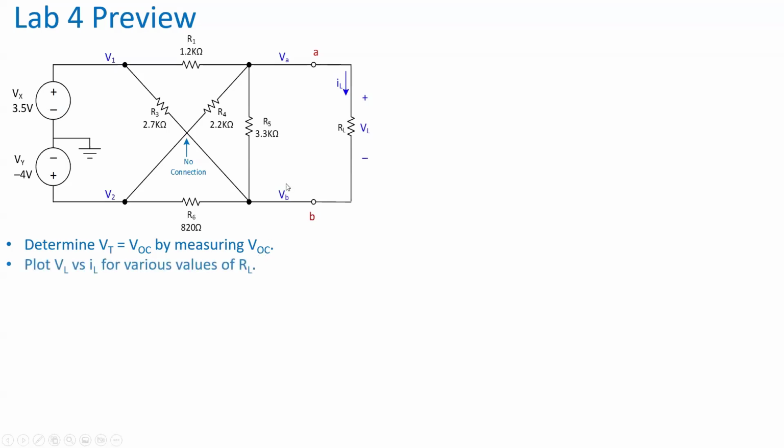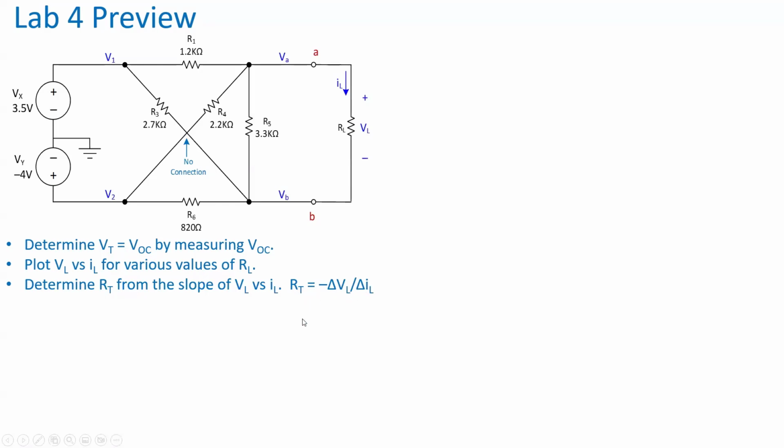Then you're going to apply different resistor values to the terminals A and B. And you're going to plot the voltage across the load, VL, versus the current through the load, IL, for various values of the resistor RL. And then you can determine RT based on the slope of VL versus IL.